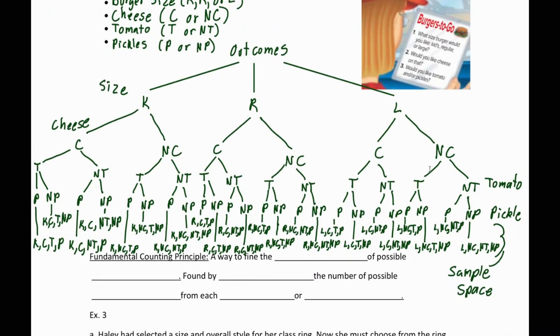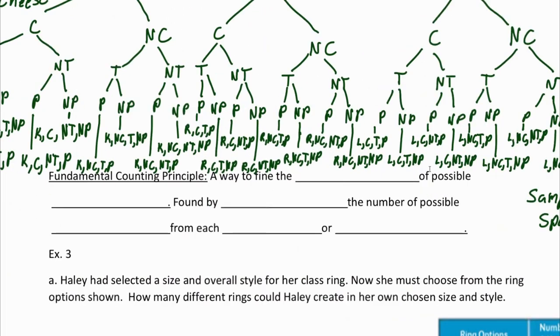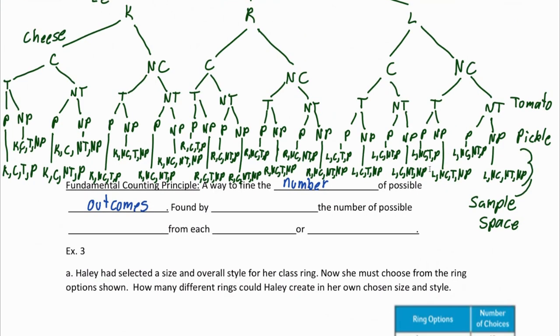Alrighty. So then we're going to switch gears and go to the fundamental counting principle. The fundamental counting principle is a way to find the number of possible outcomes. So up until this point, we've had to write out our sample space to figure out the number of possible outcomes.